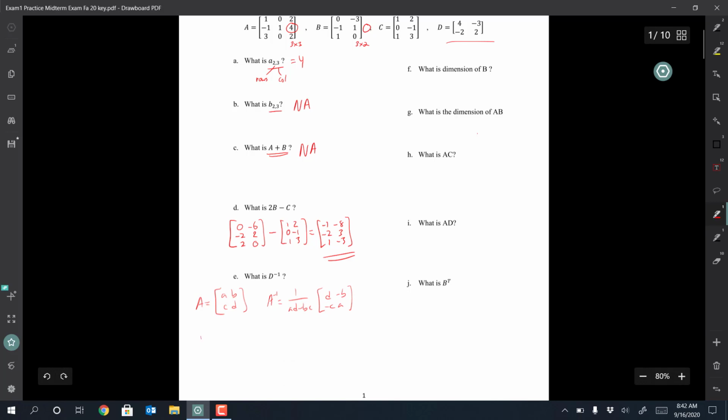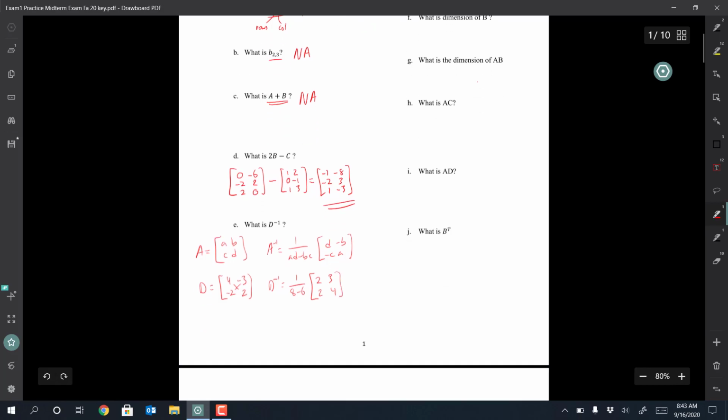So in my specific example, if D is 4, negative 3, negative 2, 2, then D inverse is 1 over this product, 8, minus this product. Watch the minus signs here: negative 3 times negative 2 is positive 6, and it's minus that value, so I'll have minus positive 6, times the matrix I get when I switch the values on the main diagonal and change the signs on the off diagonal.